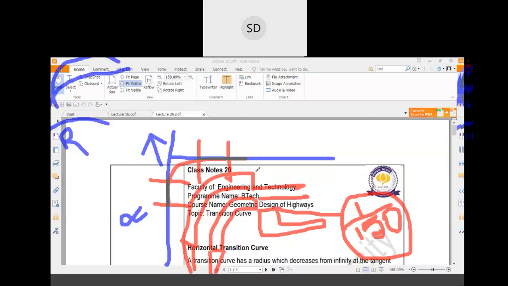That gradual introduction of the extra widening could be done by providing that transition curve, where you are introducing the radius gradually. So these are the basic concepts of a transition curve.